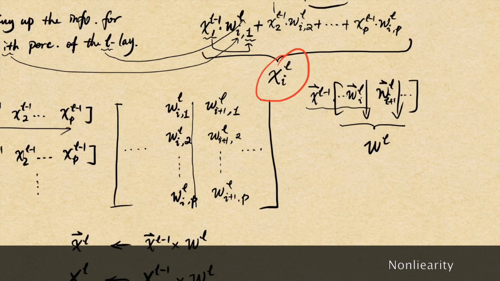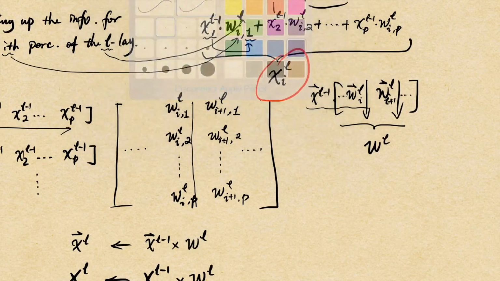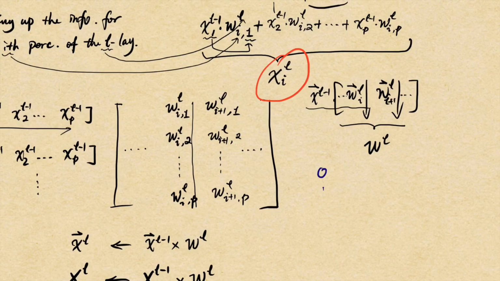In fact, the output of a perceptron is not just the weighted summed input. Let's recap the structure of a perceptron, given these W's, and that is the input of this perceptron. From here, we have another unit.